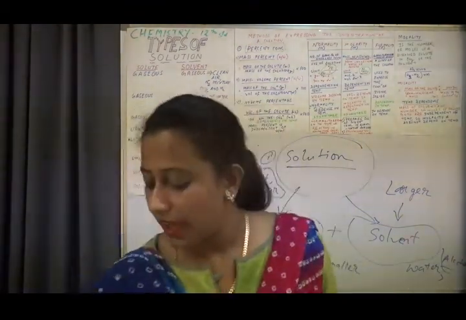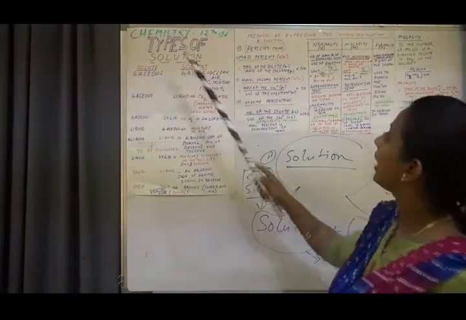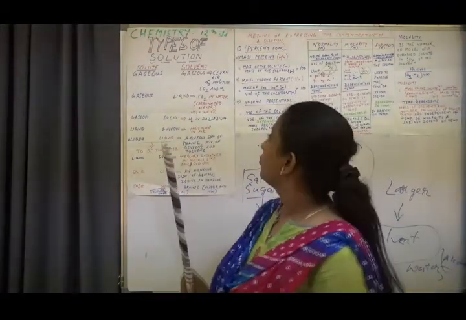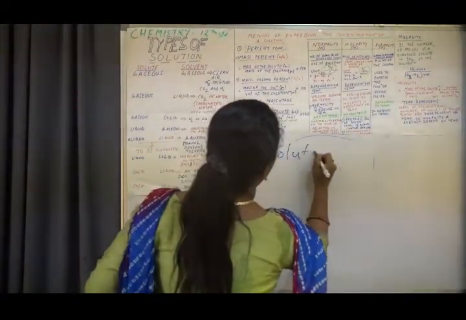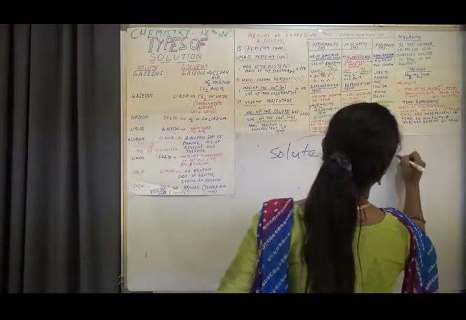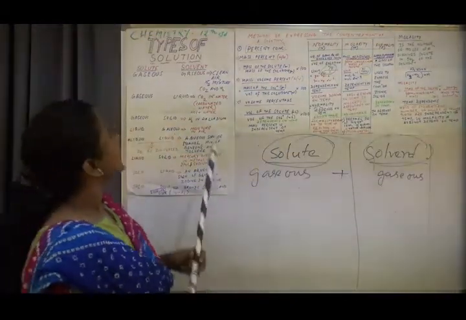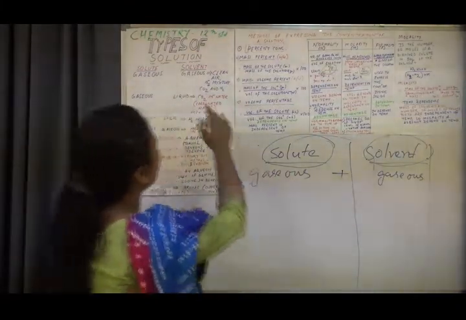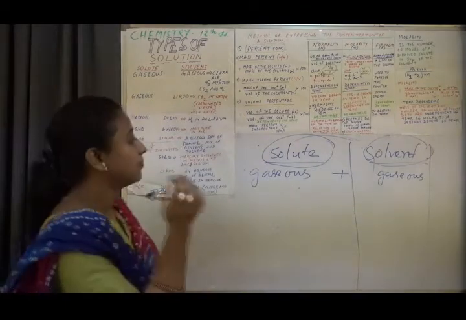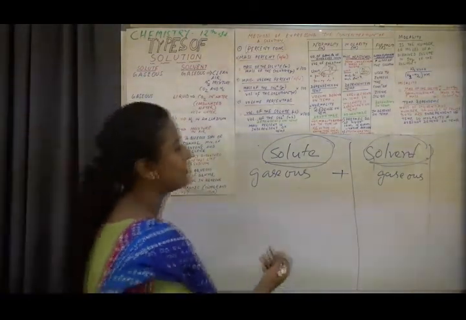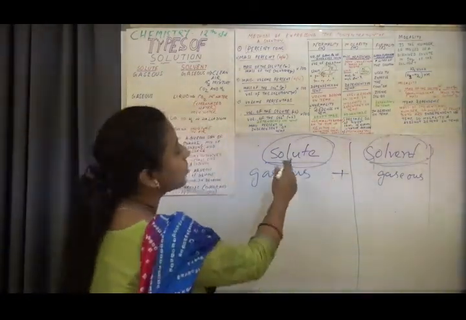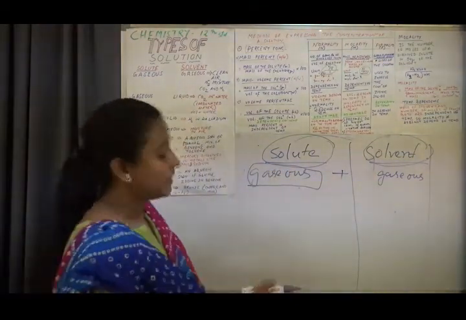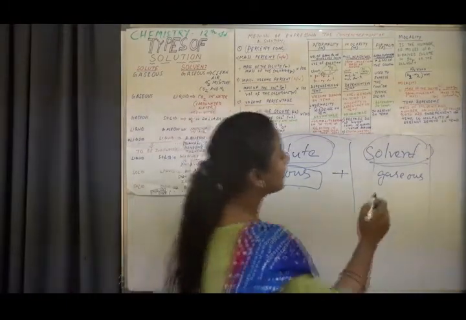So here I have tried to write some of the types of solution, in terms of solute and solvent. There are various types of solution. It can be gaseous and gaseous, so here the solute is gaseous and the solvent is also gaseous.